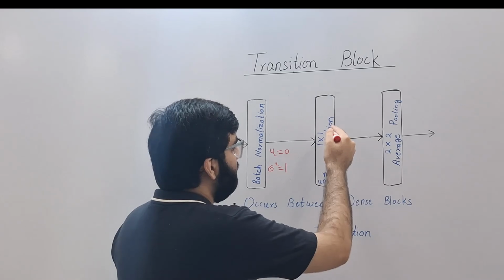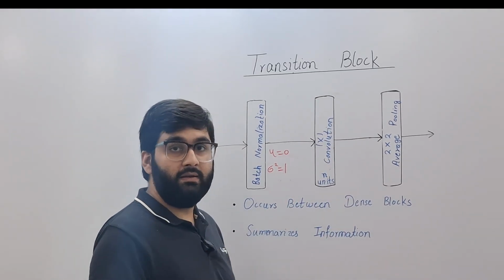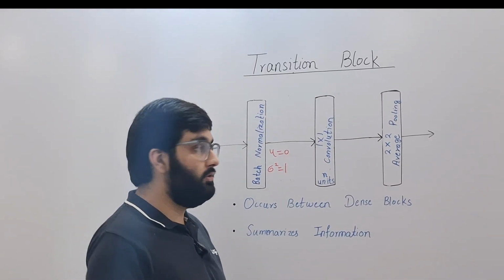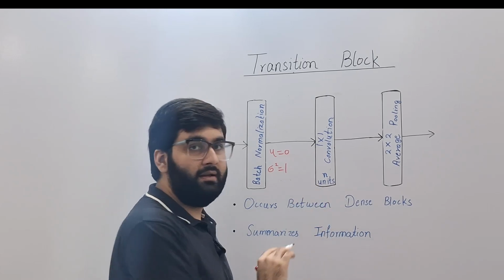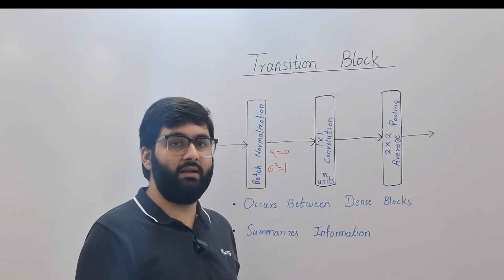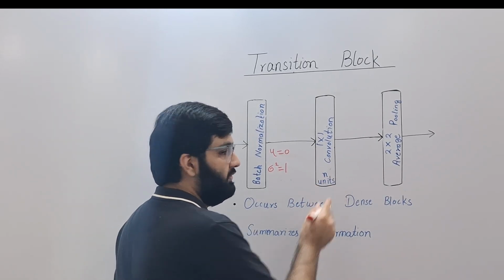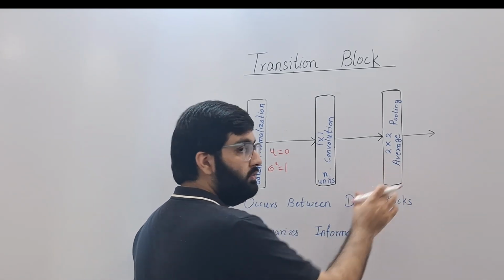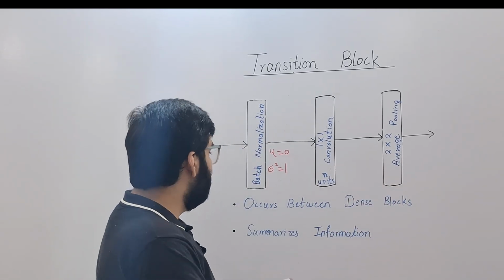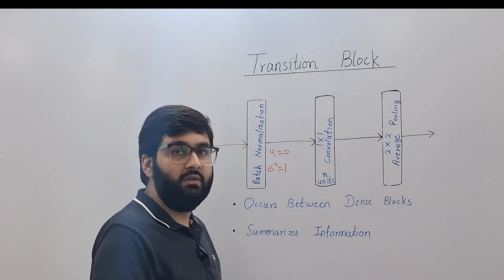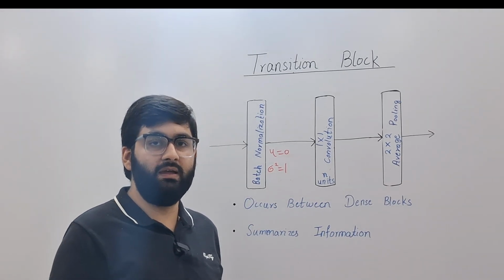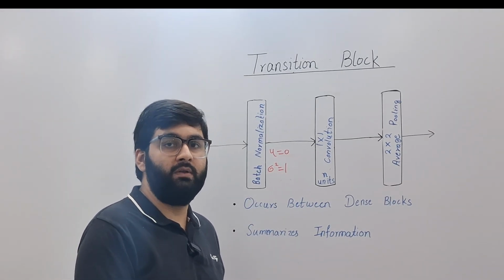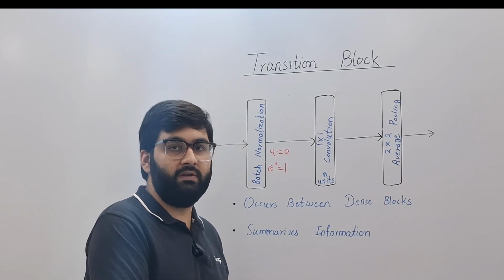The second is a convolutional layer. The filter size is set to 1 by 1 and there are n filters in the layer. The number n is chosen carefully according to the problem. The final is the 2 by 2 average pooling layer. The transition block summarizes the information, or downsamples the feature maps, coming from the previous dense block.